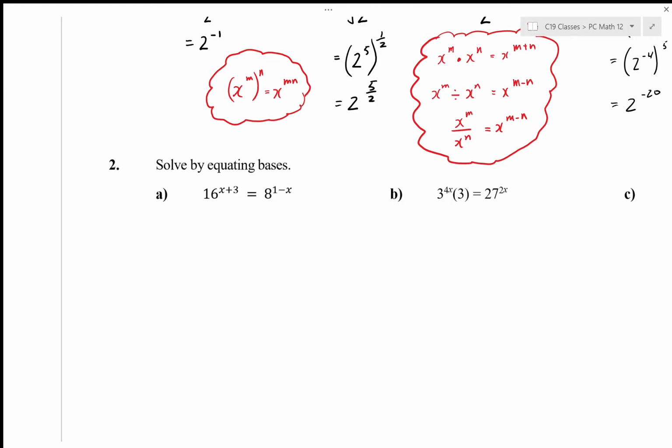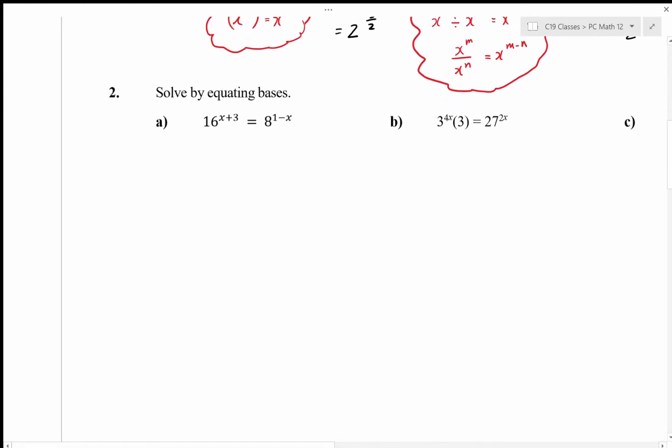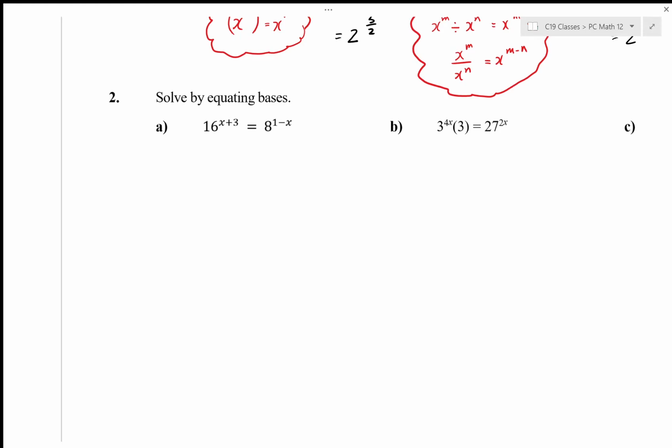And also into the negatives if you want to go that way as well. But what we do in these questions, just like we did in question 1, is we change those numbers, like 16, into a base 2 number, because we recognize that 16 is a base 2 number and 8 is a base 2 number, and that gives us the opportunity to do what we're going to do in this question. And this is how we get through these questions and make them work.